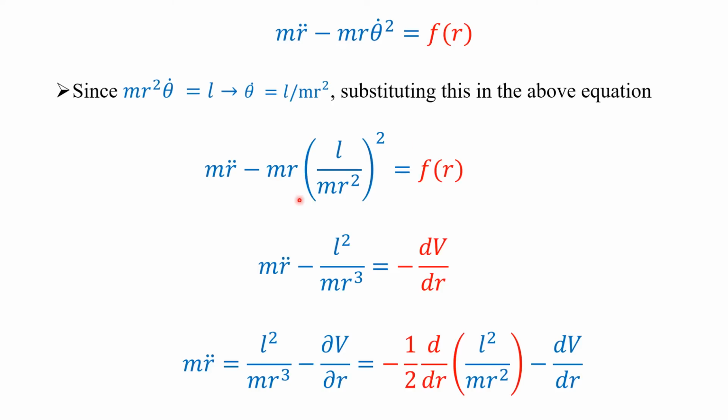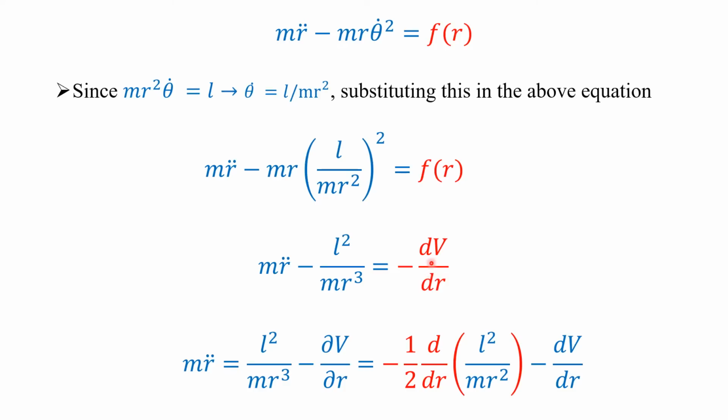Now you simplify this second term. In the numerator you have L squared, in the denominator m squared r to the power 4. This m squared will get cancelled with this m, you will get m. This r to the power 4 will get cancelled with this r, you will get r cubed, which is equal to, originally we have defined f of r, that is minus dV by dr, as f of r.